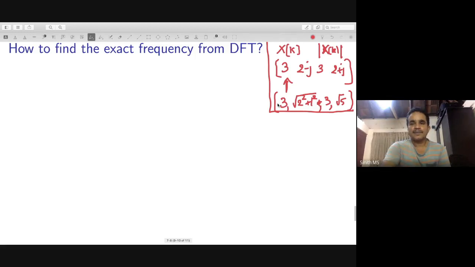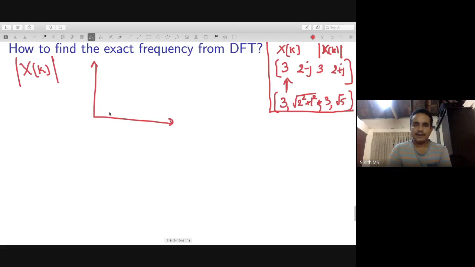If you plot the magnitude of X of k, at 0 you have a value 3, at 1 you have root 5, at 2 you have a value again 3, and at 3 root 5.